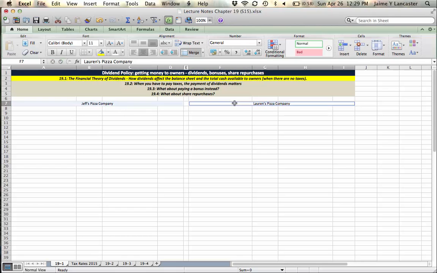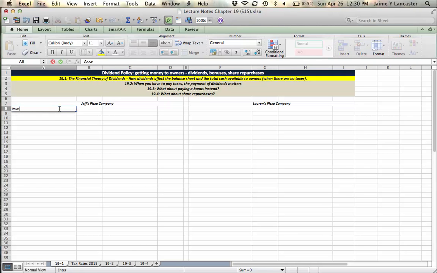Jeff and Lauren are students in my spring 2015 class, and they are now budding entrepreneurs, and they own pizza companies. We're going to assume these pizza companies are identical. Jeff and Lauren went to baking school together. These firms have identical free cash flows and identical balance sheets.